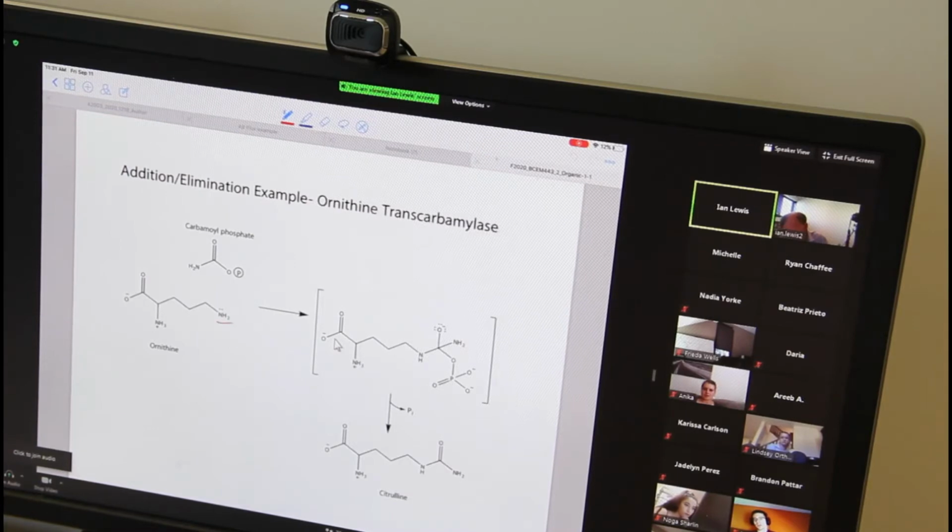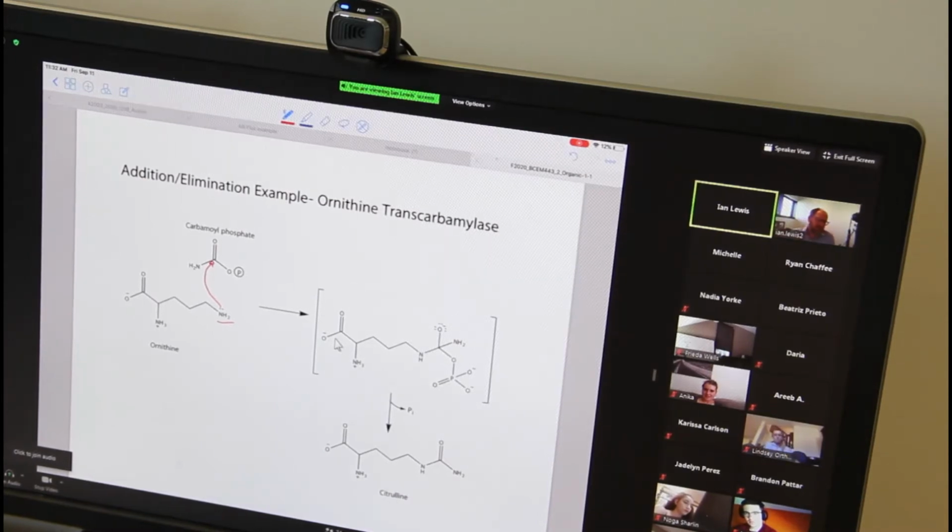This guy. Not the other amine, this guy right here. And what's the electrophile? Electrophile from the chat. Carbonyl, that's right. And this is a really common molecule to start reactions, called carbamoyl phosphate.